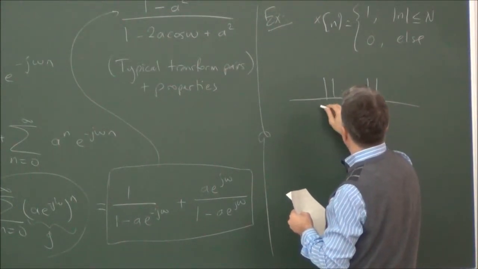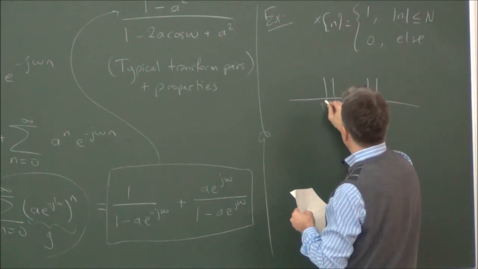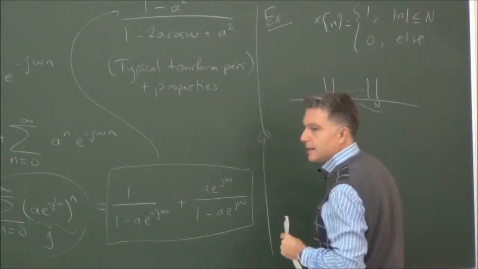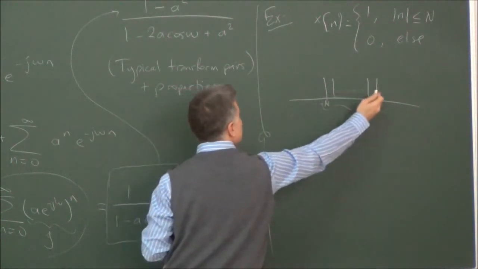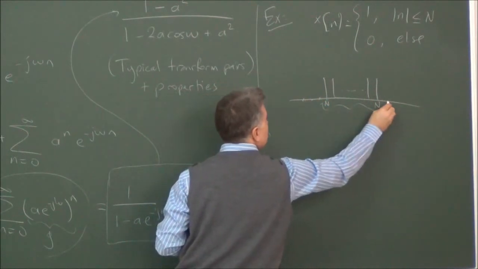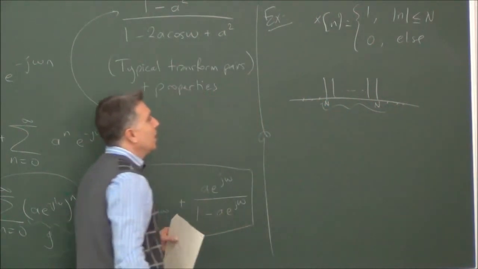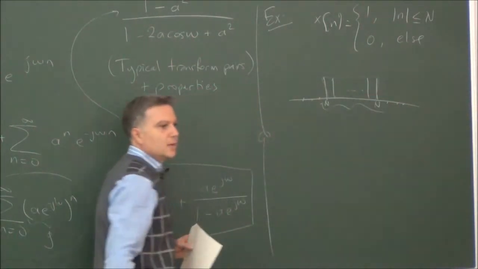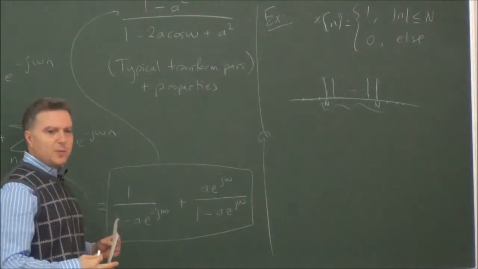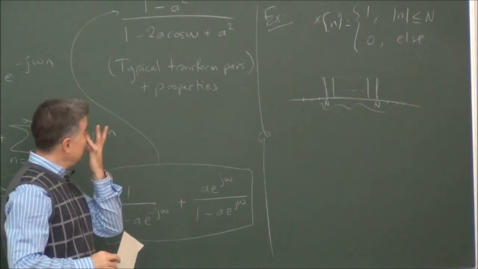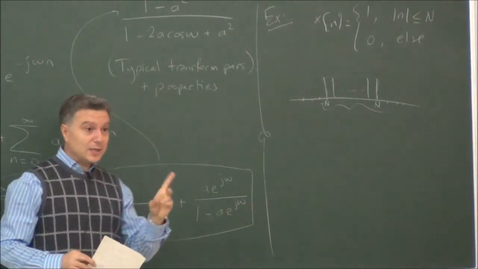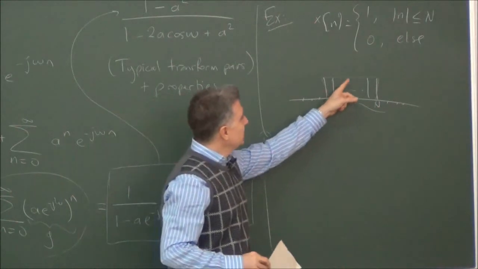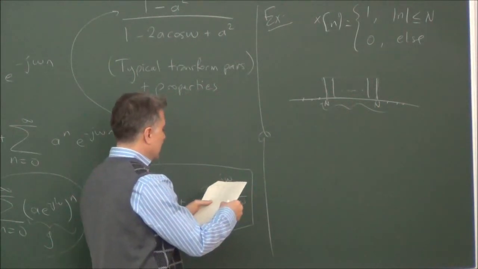It's a rectangular pulse from minus capital N to capital N, all ones, and outside of it, it is all zeros. Something like this. This rectangular pulse, how many items are there in it? 2N plus 1. There's also the 1 at 0, so that is a plus 1.